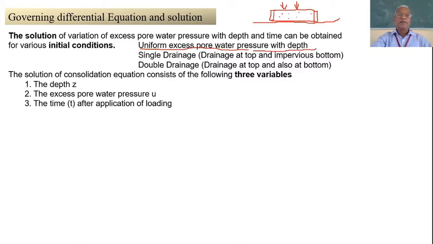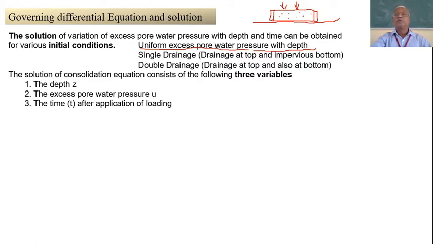And this is the beginning condition, and then you have two cases. The first is single drainage, that is drainage at the top and an impervious bottom. If you have a solid bottom, and when you apply the pressure the water has the possibility to go out, it moves vertically and goes up.